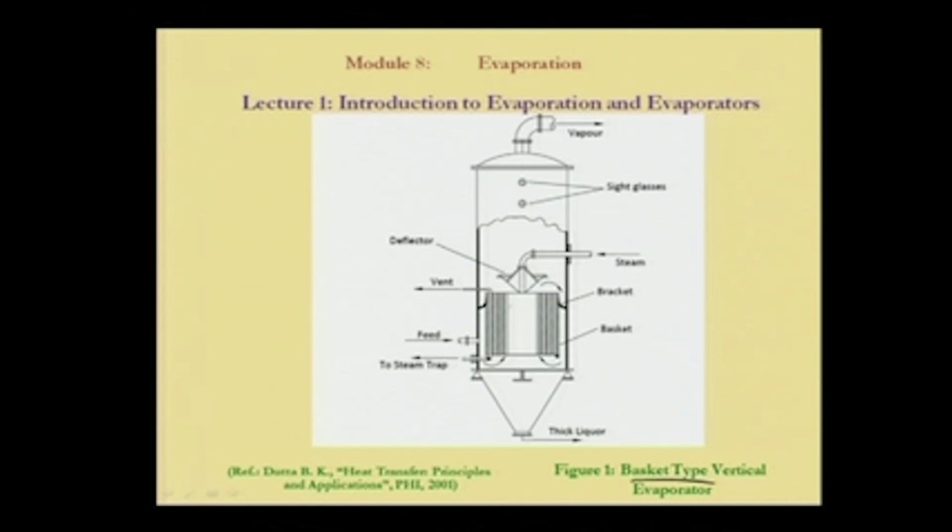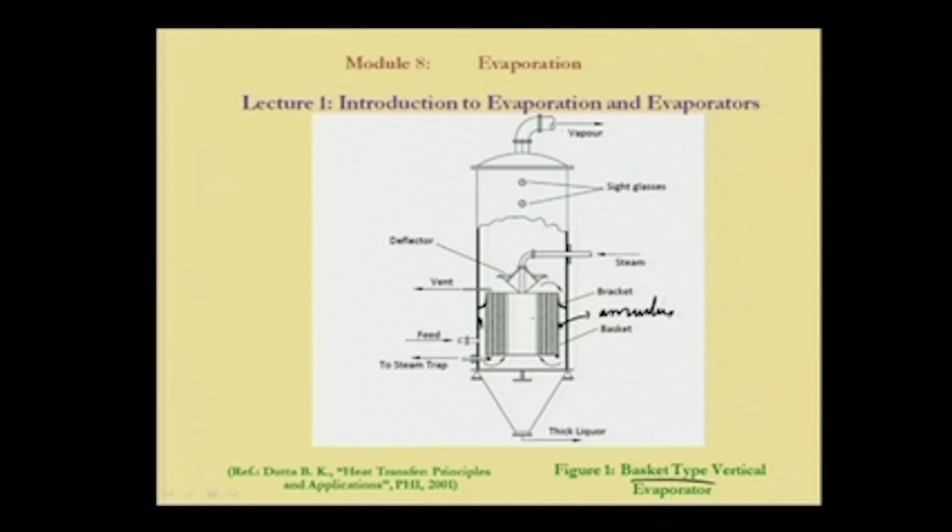The steam is inside this portion and the feed is in the annulus. Okay. This part is like a basket, which can be just taken out for cleaning. So this gives a very easy cleaning operation.